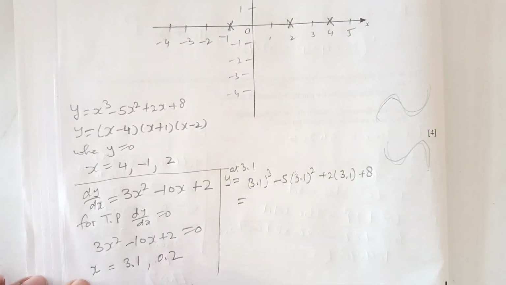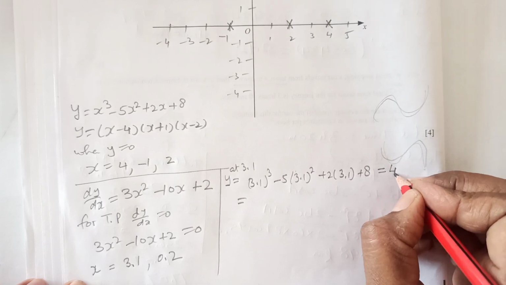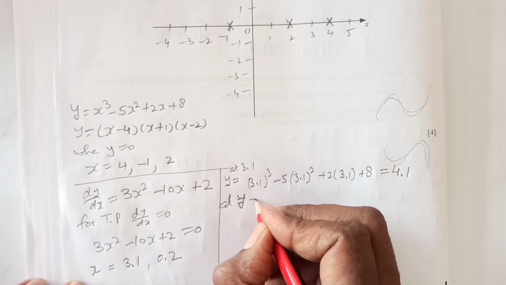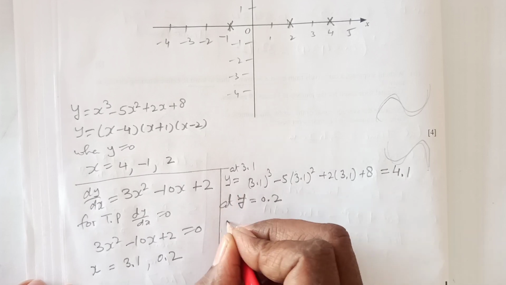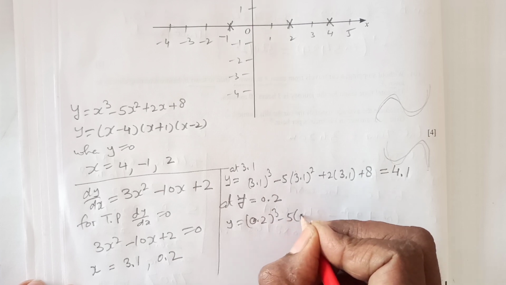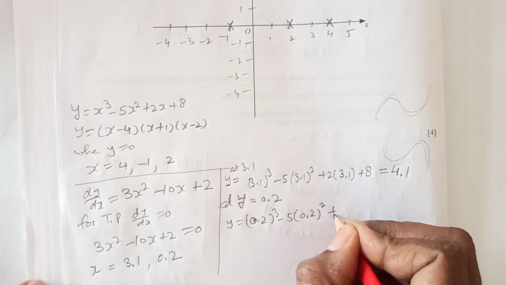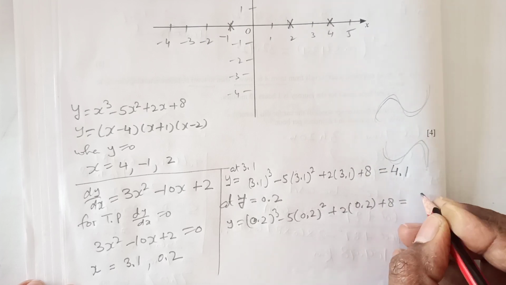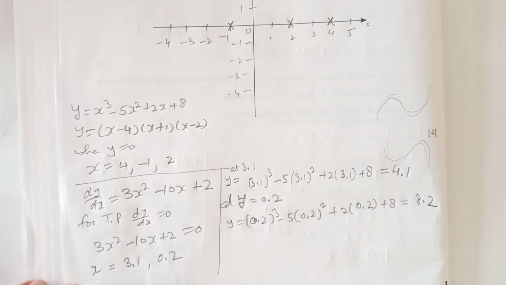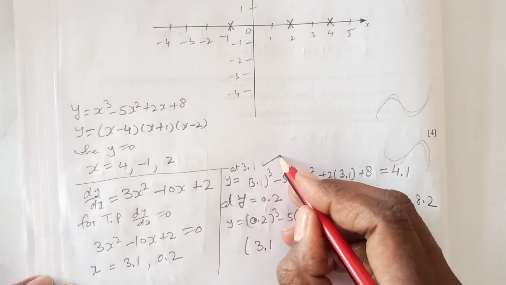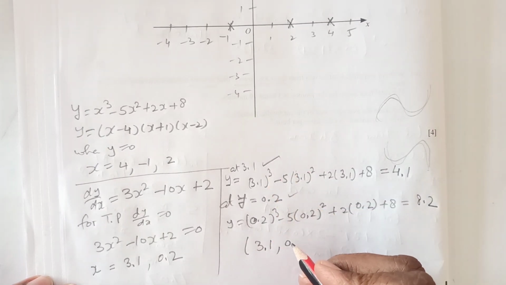Okay, so to save time, I have already calculated, this is 4.1, and at x equals to 0.2, you substitute this value: 0.2 cubed, 5 into 0.2 squared, 2 into 0.2 plus 8. So this comes out to be 8.2, right? So our point is 3.1 and y is 0.2.